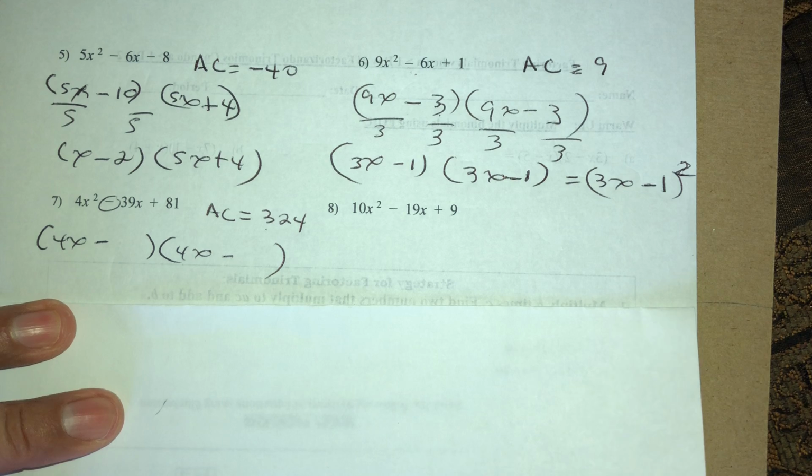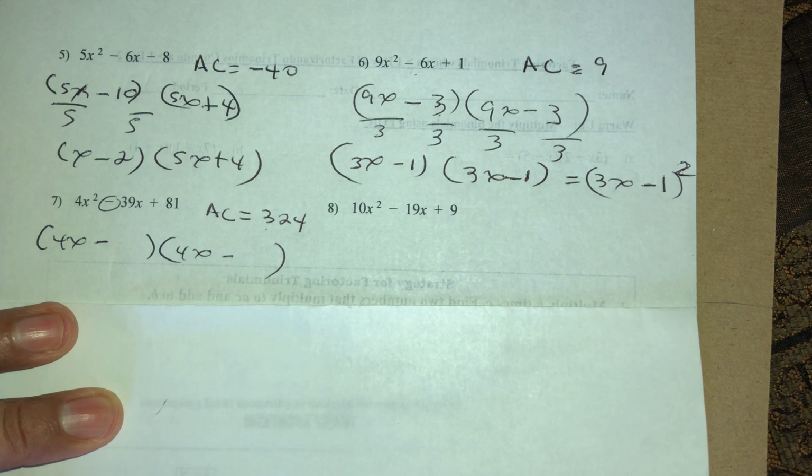So let me see if that works. No, it's not 17 and 12. Maybe, oh no, 39. Okay, so let me see, 324 divided by 8. Nope. 324 divided by 9, 36.